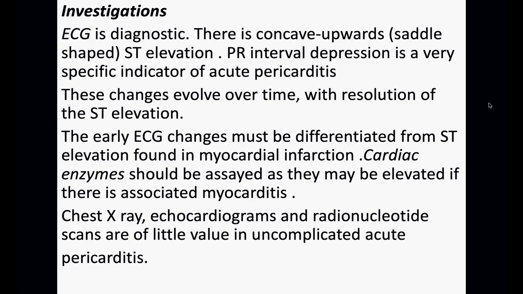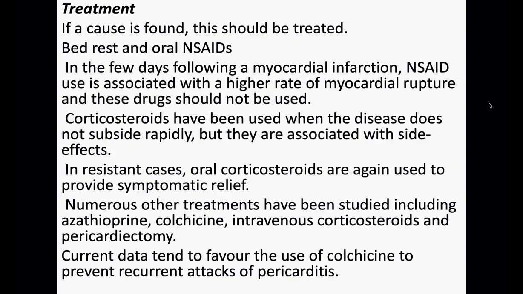Treatment. If the cause is found, it should be treated. Otherwise, bed rest and oral non-steroidal anti-inflammatory drugs, for example indomethacin or naproxen, can be used. In the few days following myocardial infarction, NSAID use is associated with a high rate of myocardial rupture, and this drug should not be used.